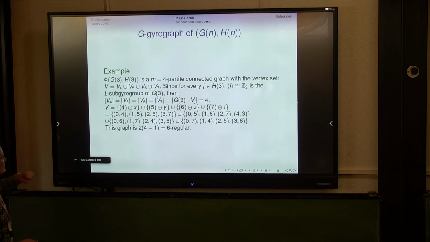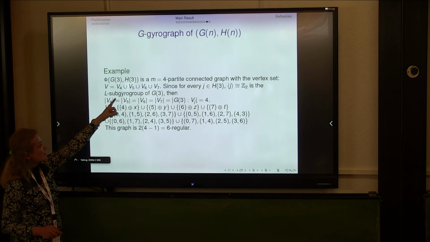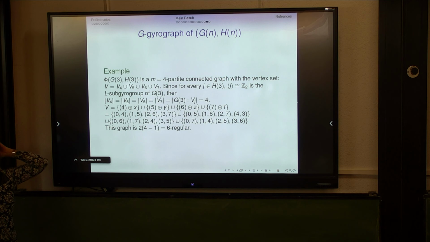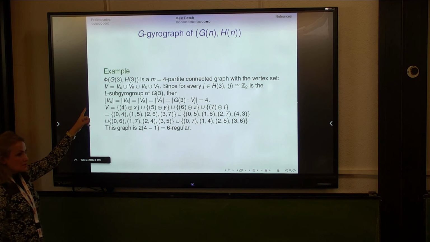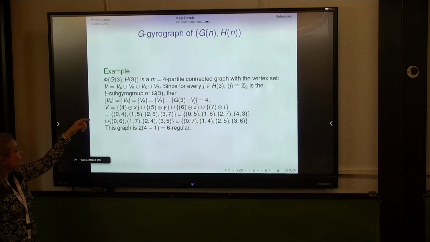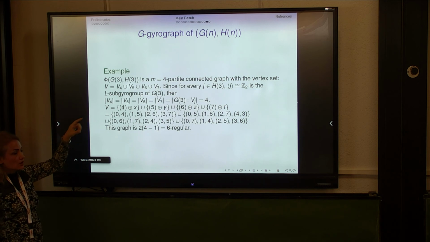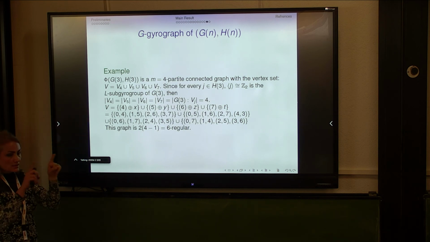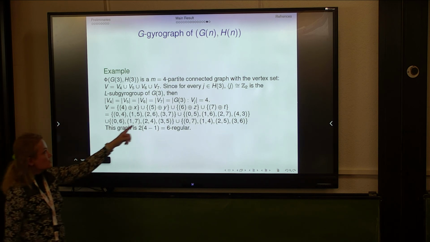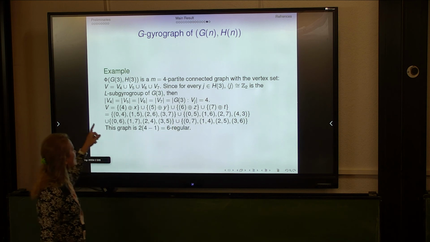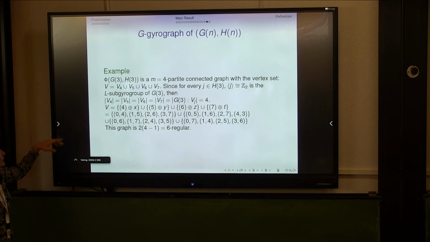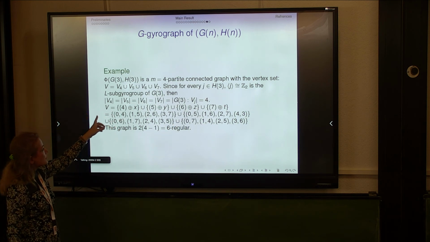Another example is G3 with H3. The structure of the gyrograph would be 4-partite because the size of H3 equals 4. It has 4 parts, and every element inside Hn makes a cyclic subgyrogroup isomorphic to Z2. Then they are also subgyrogroups.